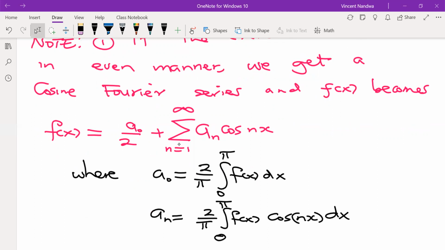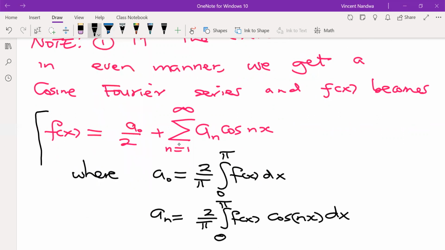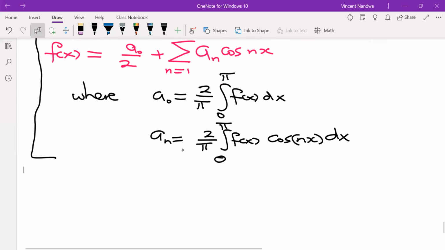Remember, this is how we were finding the Fourier coefficients for cosine series expansion when we were discussing odd and even functions. So this is the Fourier cosine series of the function if the extension is done in an even manner.